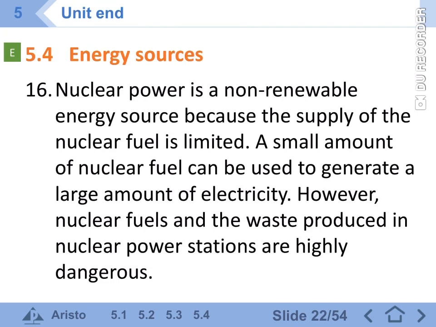Now, as you remember from the famous scientist Albert Einstein, he actually mentioned E equals mc squared. And in the nuclear power, actually that's what it's doing. It's converting the mass into energy. That's what it's converting.